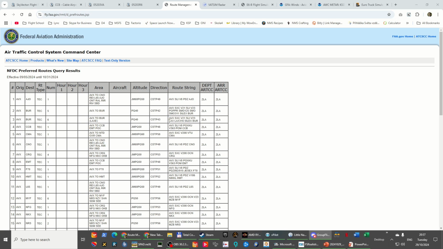Some go through Los Angeles and the other one through Santa Monica. But both of them are for piston aircraft, and the altitude that you should file is 4,000 feet. I filtered this so I am not showing the ones that are pure jet. But Burbank has, I believe, two more, and they are for jets.